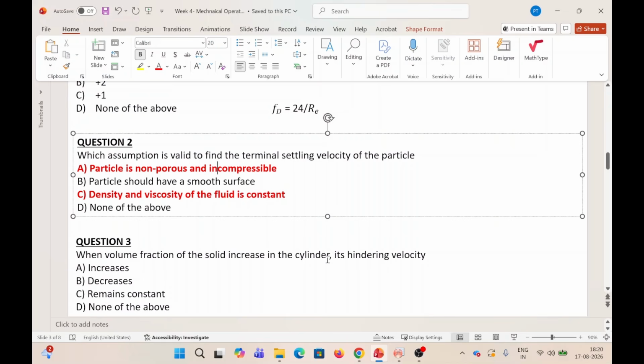So any answers? Anyone? First of all, what is the formula for hindered velocity? How do you relate terminal velocity and hindered velocity?